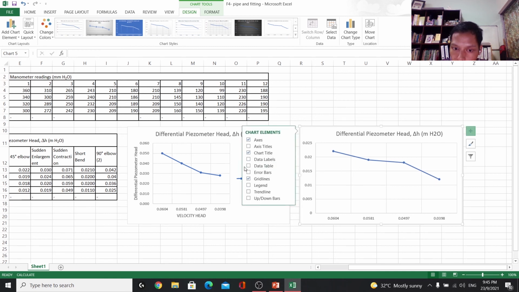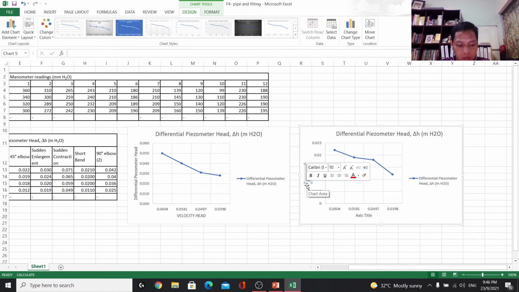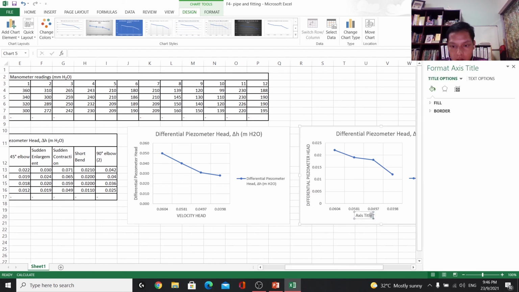So we put legend and axis style, so the axis title is differential piezometer head. So the one is velocity.